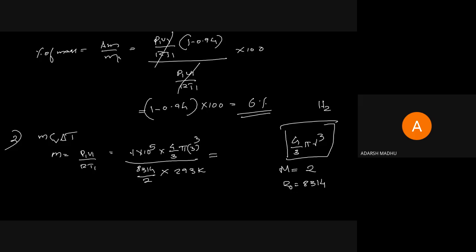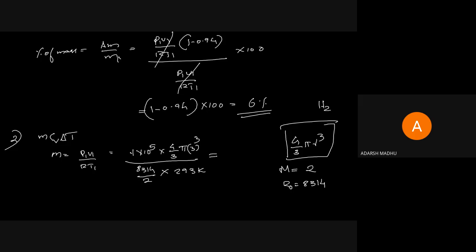Initial mass of the gas, m1, is P1 V1 by R T1. That is one into 10⁵ into 4/3 pi r cube, where r is the radius 3. And capital R is the gas constant, that is R0 by M. R0 is 8314.